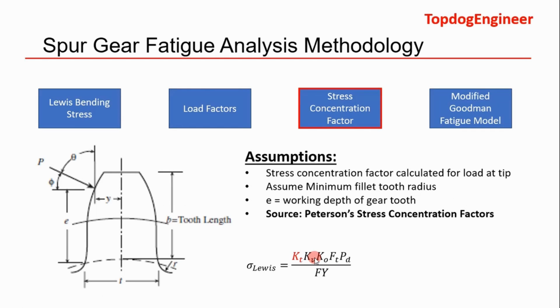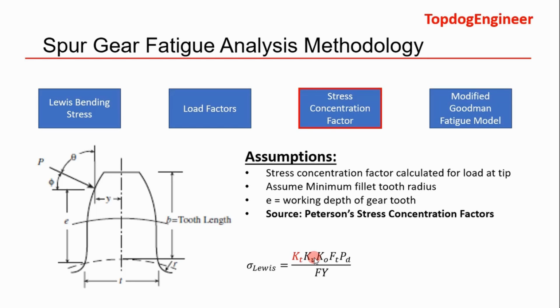To improve this even further, we're going to include a stress concentration factor. Because the Lewis bending stress methodology is evaluated based on an end-loaded cantilever beam, we're going to determine a stress concentration factor calculated for load at the tip.